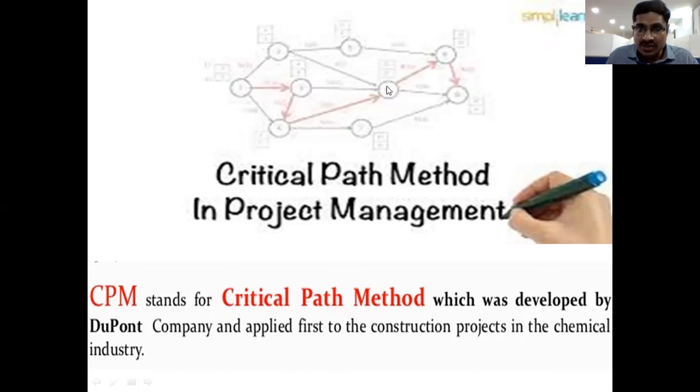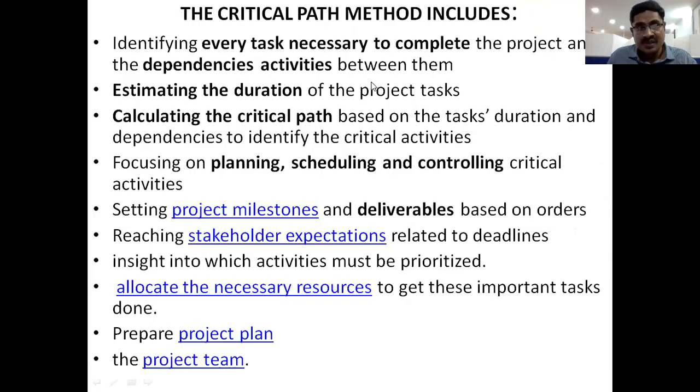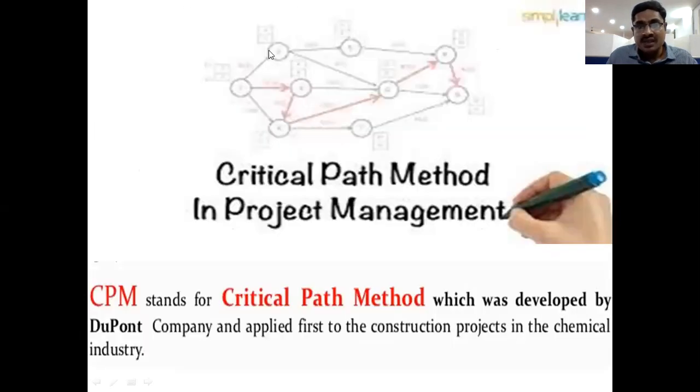This node depends upon 1, 2 and 3. So these three are the pre-activities to this activity, and this is the dependency activity. So every task necessary means identify every task, and the second one is the depending activities.